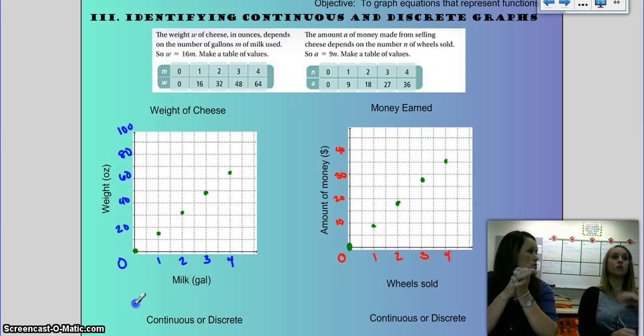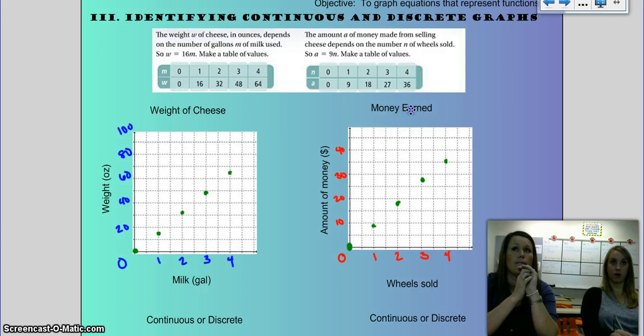Okay. So on the left side, this is weight of cheese, money earned. Okay, so on the left side, I could have partial amounts of ounces and partial amounts of gallons, right? I think so, yeah. That makes sense to me because you can have 0.5 gallons of milk and that would give us a certain amount.